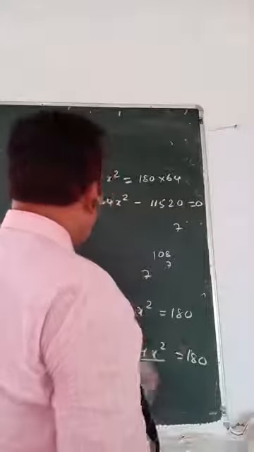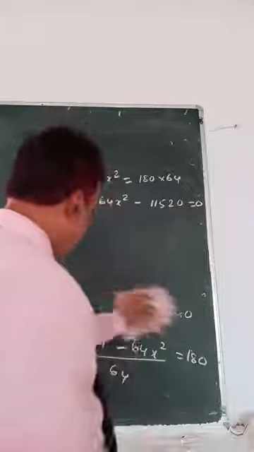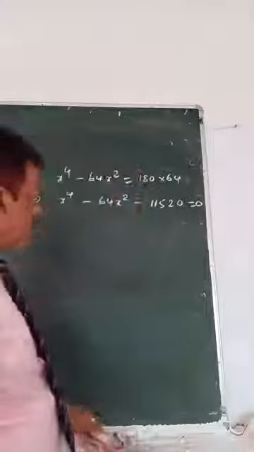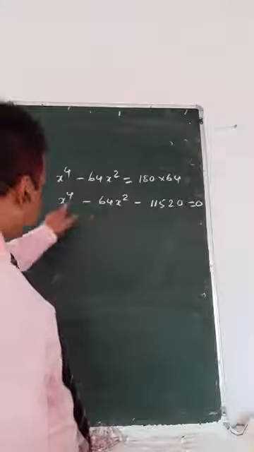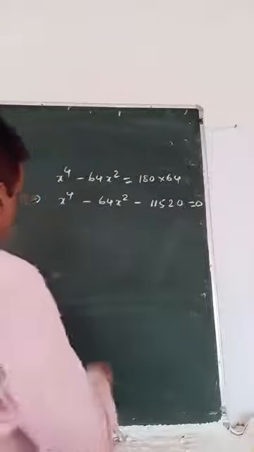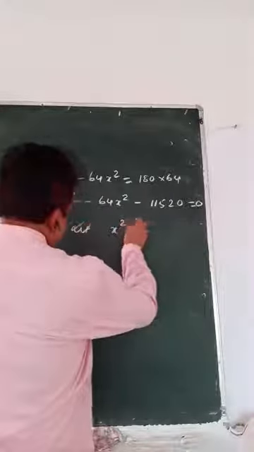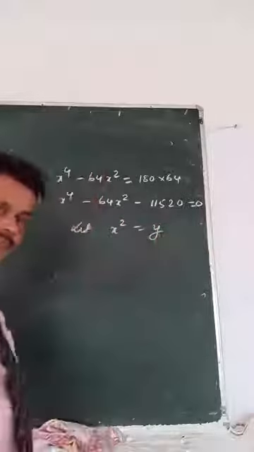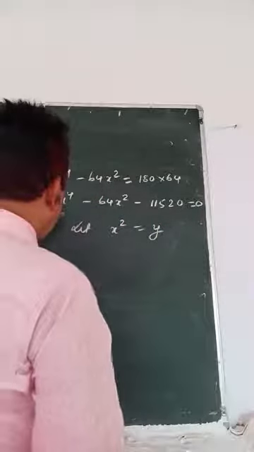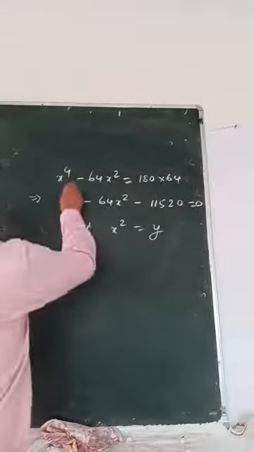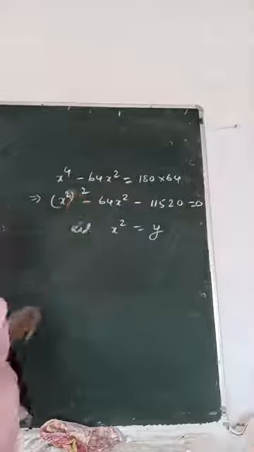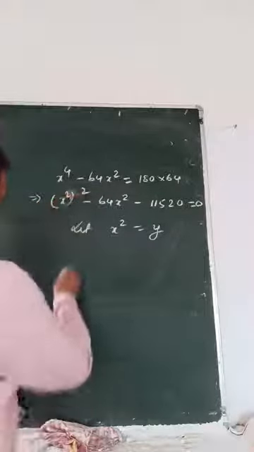Now the problem here is that this is not a quadratic equation, because the power is 4. So what we'll do here is let x square equal y. That means x to the power 4 is x square whole square, which will be y square.